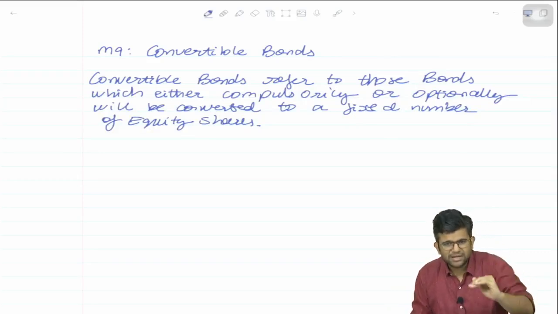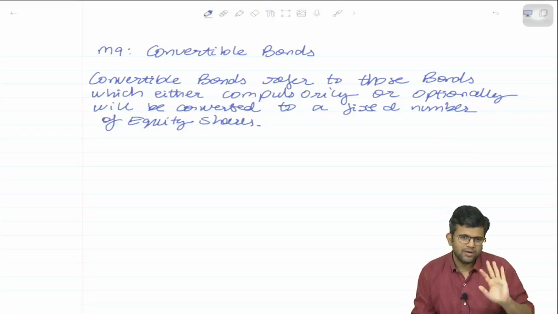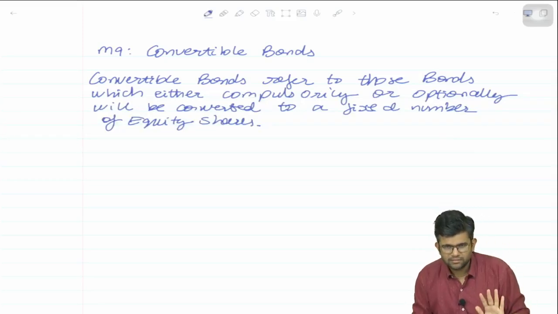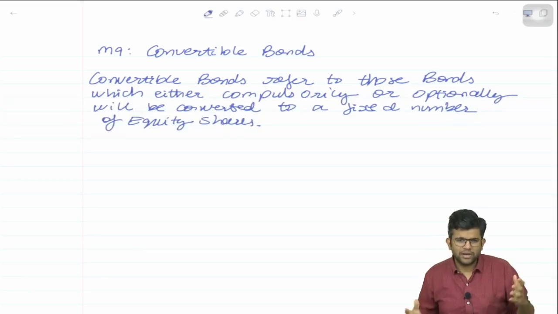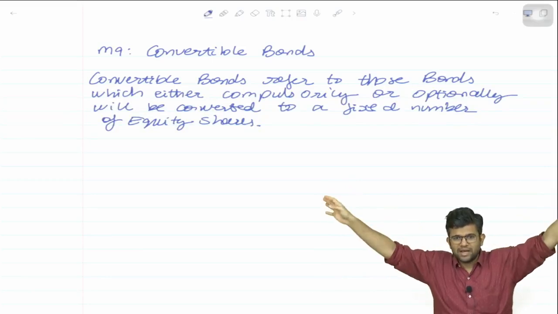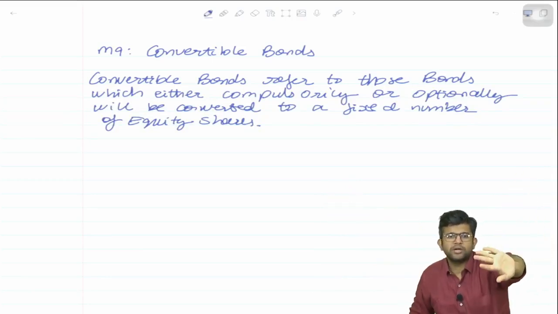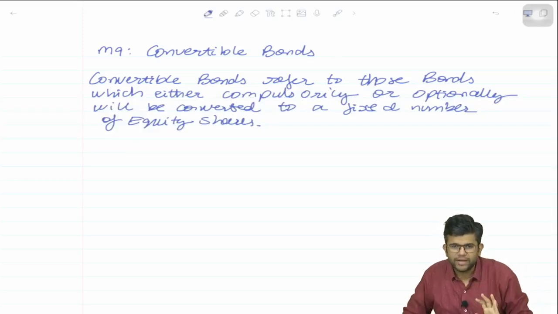I'll keep the interest rates low and I will say every bond you hold will convert to 2 equity shares. Okay, and then I will pay you little interest every year and I will work hard with your money to grow the company large, and when the company becomes large, your bonds will convert. Let's say you decide or I decide, let's convert the bond to equity. When that bond converts to equity, one bond will convert to 2 equity shares.